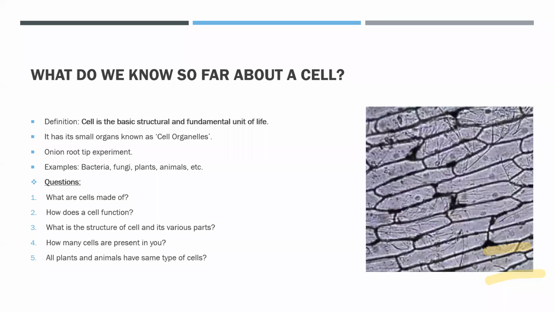Now, first of all, we have already studied that the cell is called the basic, structural, and fundamental unit of life, right? And we also know that a cell has many small organelles, like little organs, which perform functions, for example excretion and nutrition.